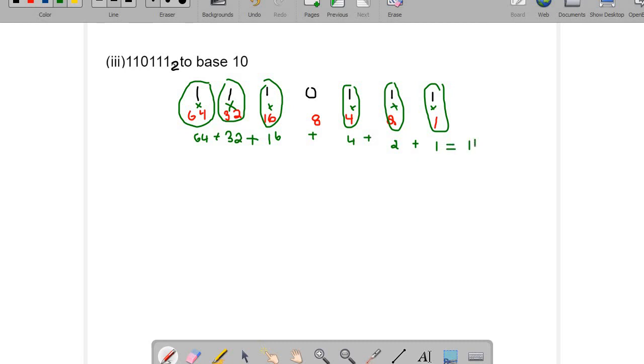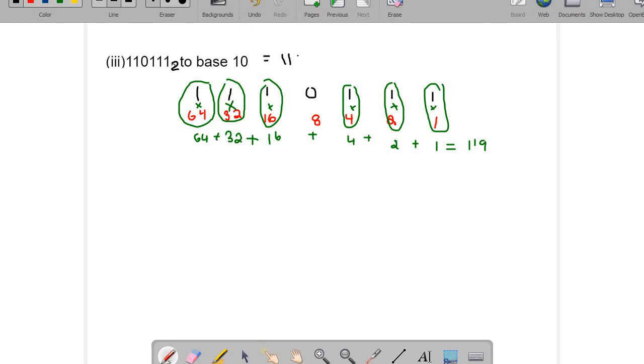Okay, so we're allowed to call this 119 because it is in base 10. If it was not in base 10, let us say this was, well, 9 cannot be used in any other number-based system, or maybe 12. But since we're talking about base 10, we just call it how we normally call it, since we use the base 10 system every day. So our final answer is going to be 119.